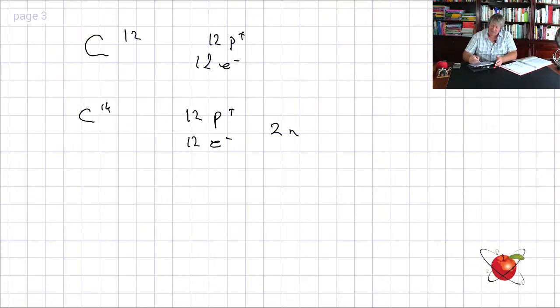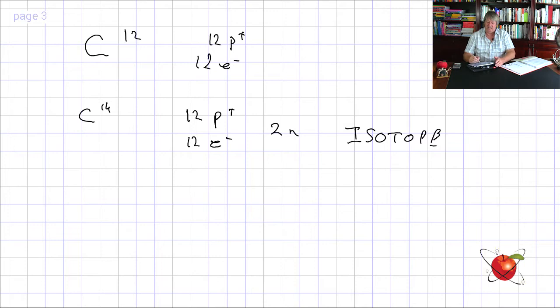Now that's what you may have heard of as carbon dating. When they do archaeological discoveries, they find all the prehistoric bones or trees or whatever. Inside is carbon. But carbon 14 is an isotope, isn't it?